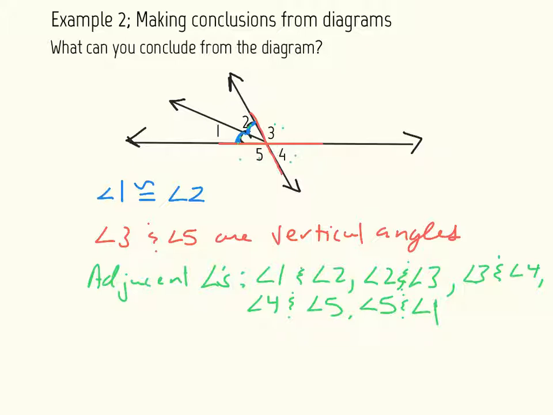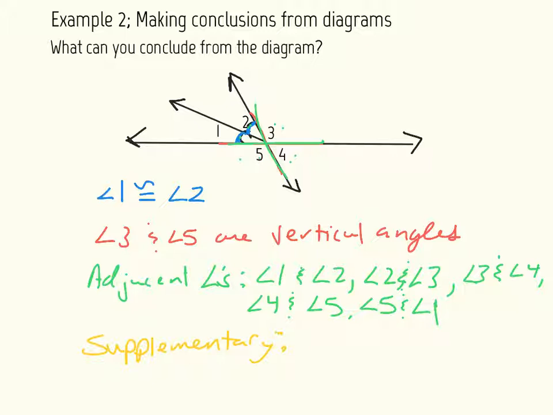Okay, let's see what else we can say. If we continue to look, we can find supplementary angles if we look at our straight lines here. Remember, supplementary means two angles that add up to 180 degrees. And if they're right next to each other, then they are also adjacent.